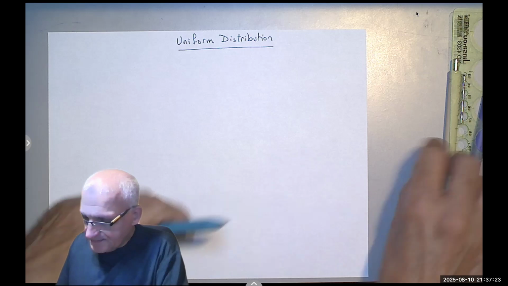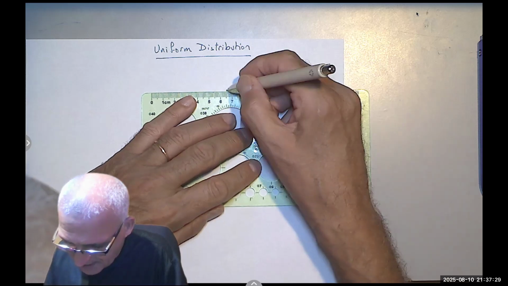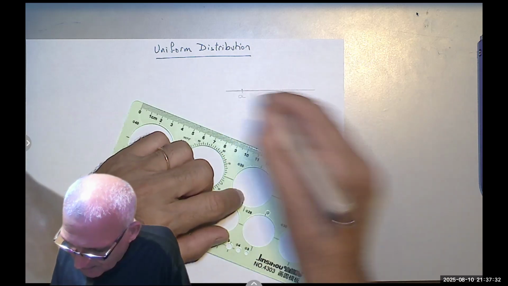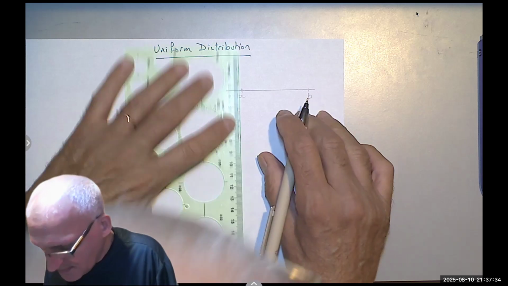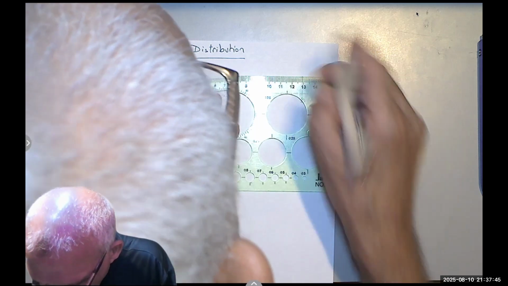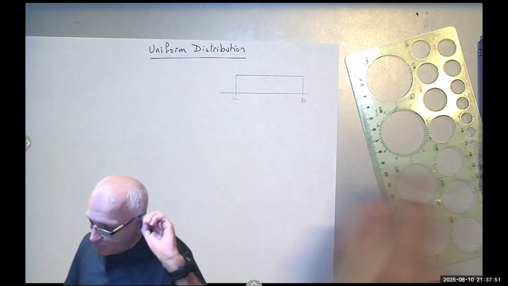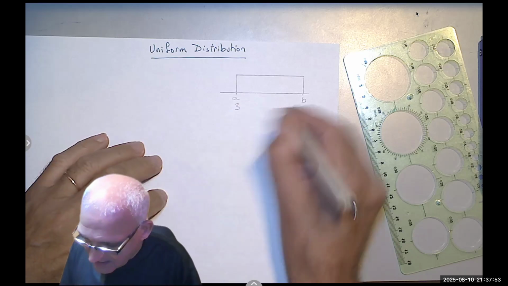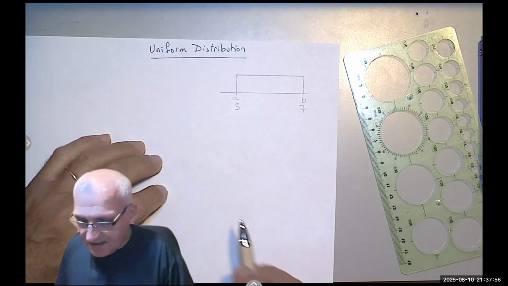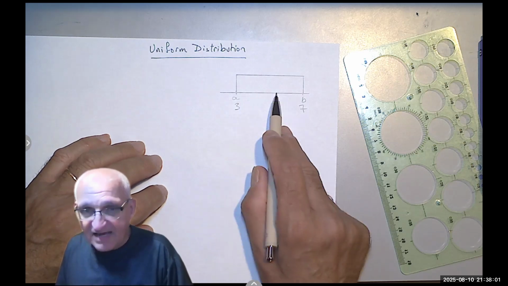The distribution is between 2 points A and B. But as the name implies, that distribution is uniform, meaning if you take any equal ranges, the probability between them is the same. So let's say this is 3 and this is 7. The probability that x takes a value between 3 and 4, or 4 and 5, or 4.5 and 5.5 is the same.